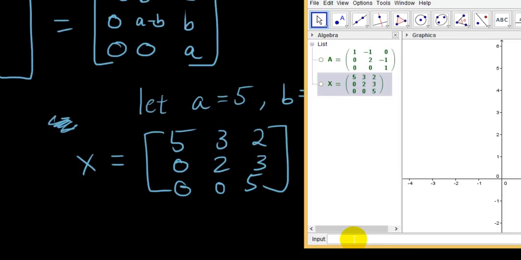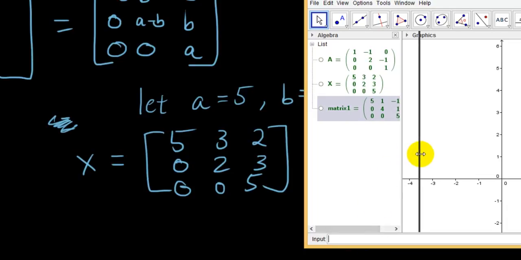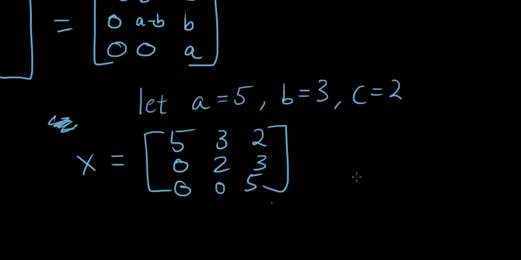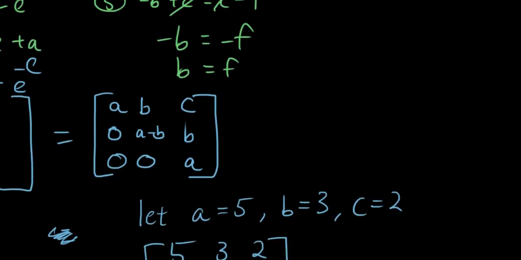Okay, now let's try A times X. A times X is matrix 1, and now let's try X times A. And it should give me the same matrix. Yes, it has given me the same matrix. And that shows that this is the answer.